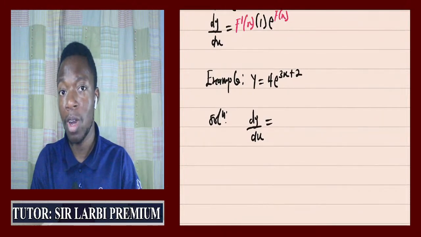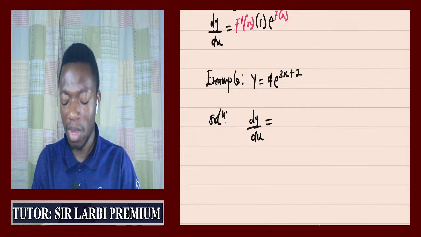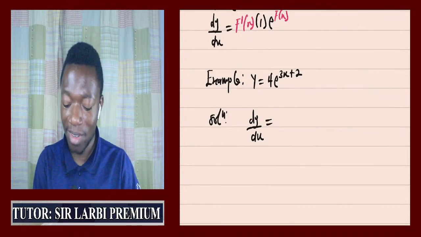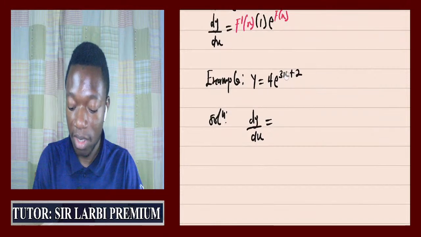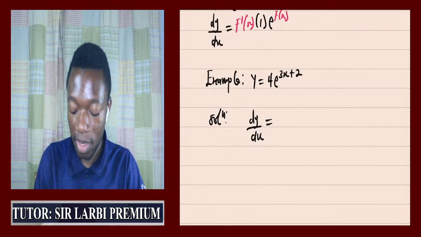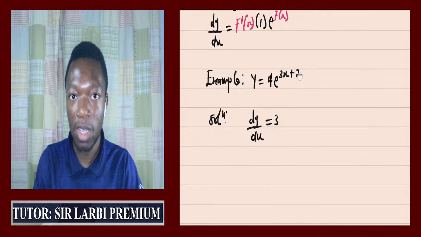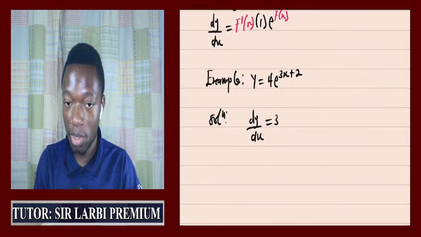At this point, you should know how to differentiate in the fastest time possible. So the differential of 3x should give you 3, because the power of x is 1, multiplying 3, and we subtract 1 from the power, getting 0. So the differential of 3x is 3. We also know the differential of a constant is 0, so we don't bring that into the scene.